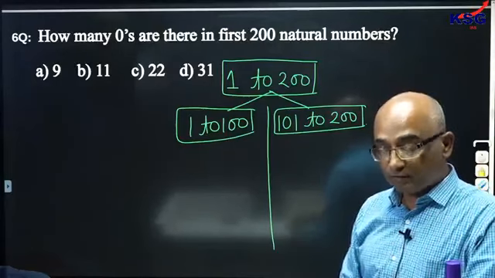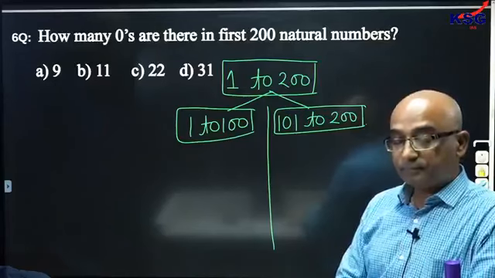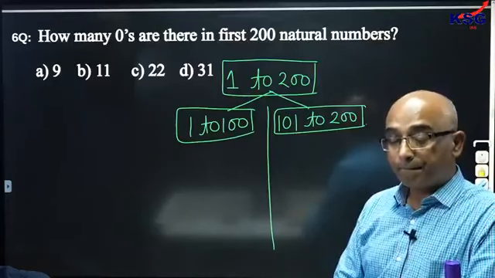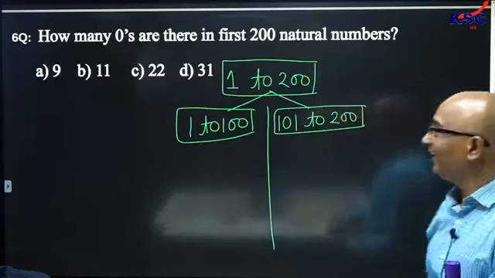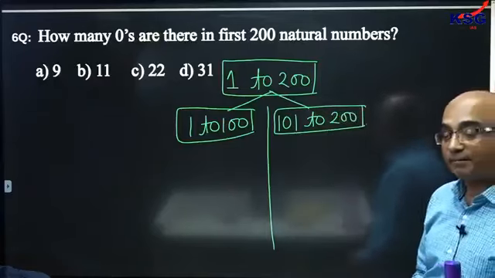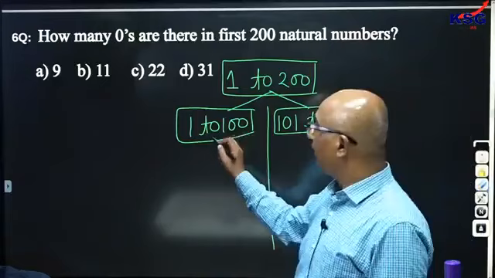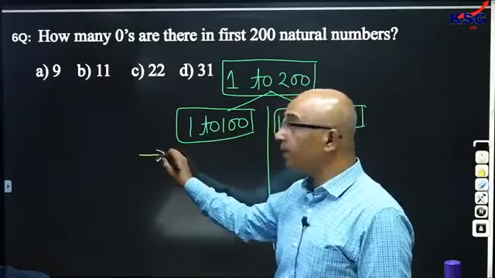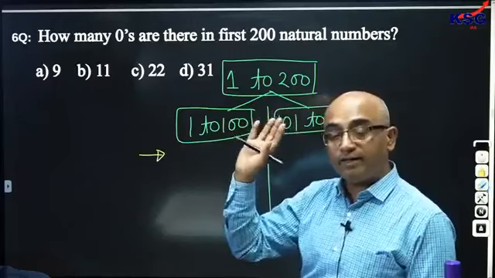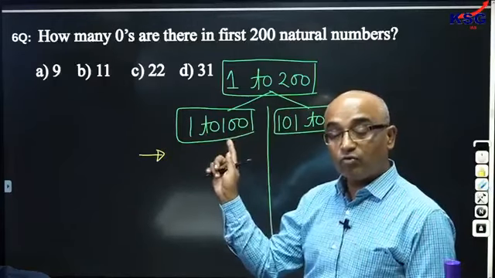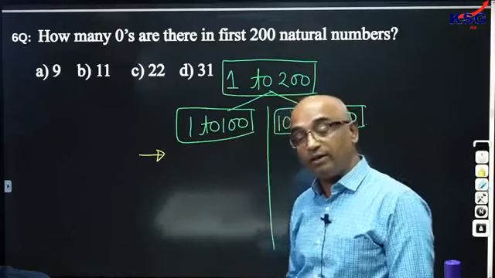No response. 22, 22, 22. Look, again a blunder. See here, student, writing all the numbers means wastage of time. Just concentrate on numbers and digits, you will be able to answer. So most of the answers are 22, and now 31.